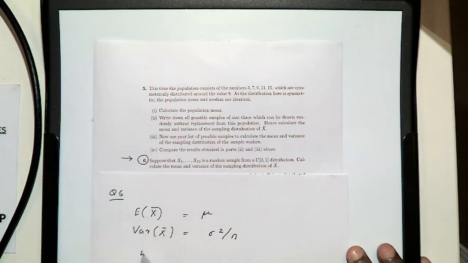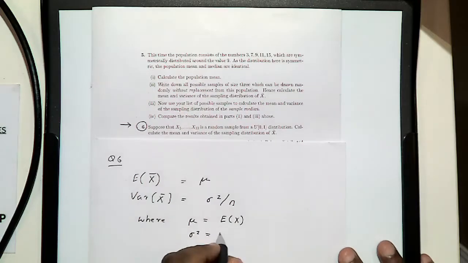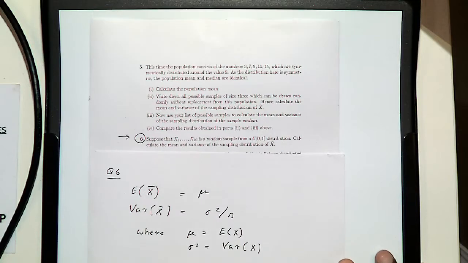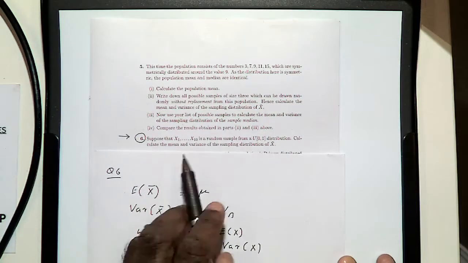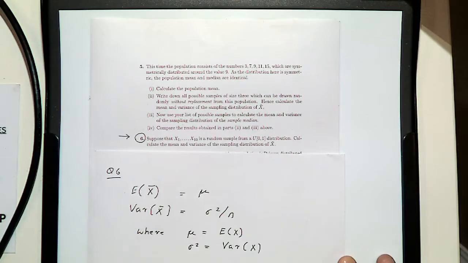Where mu is the expected value of x, and sigma squared is the variance of x, right? Now in this question here, we are told that x is uniform 0, 1. So your mu is what?